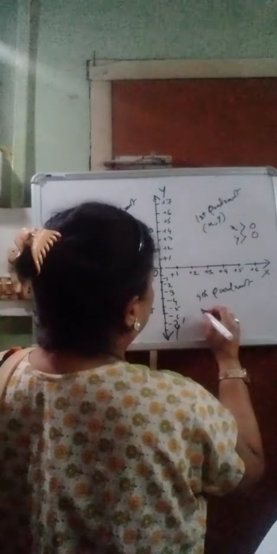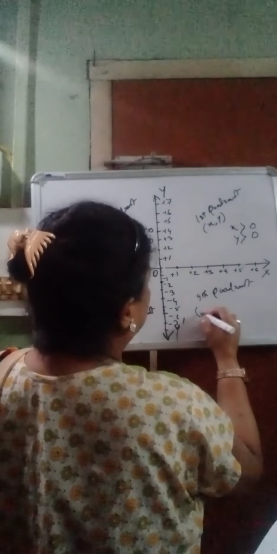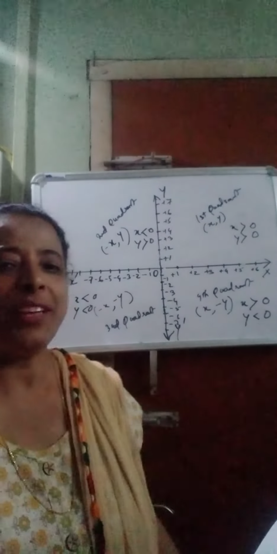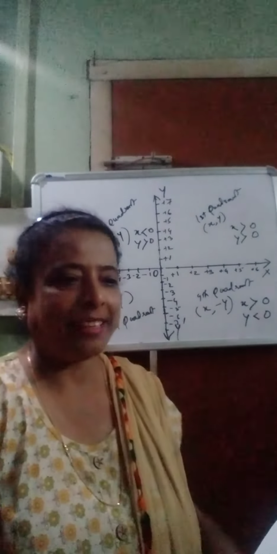And this is the fourth quadrant. Here x is plus and y is minus. That means x is greater than 0 and y is less than 0. So we have got four quadrants.